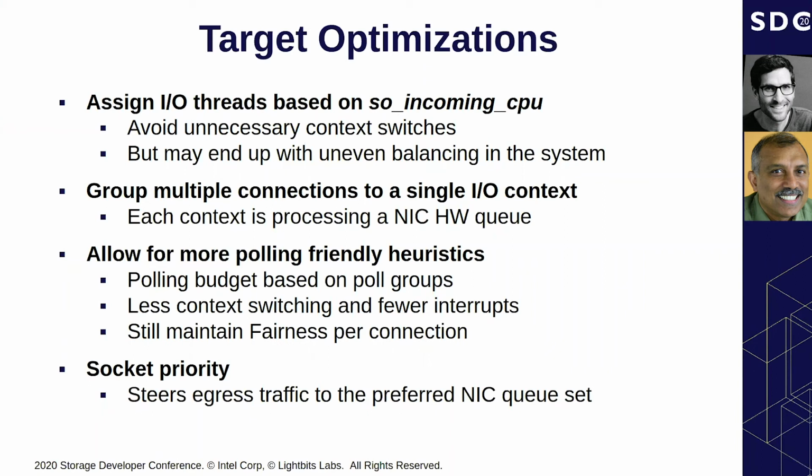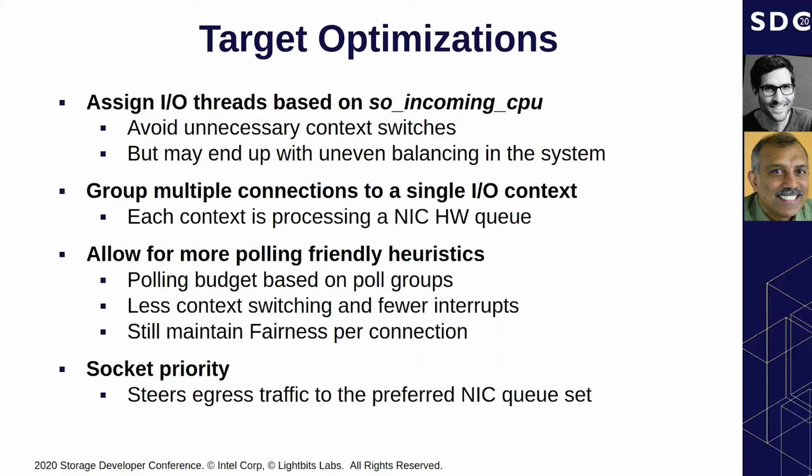In terms of polling friendly heuristics, one of the main things here is, for instance, with technologies like ADQ, you're trying to improve the predictability and you're trying to get far fewer context switches than you would normally see. So polling friendly heuristics are important.